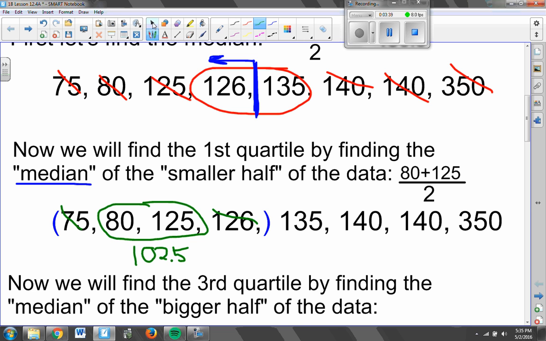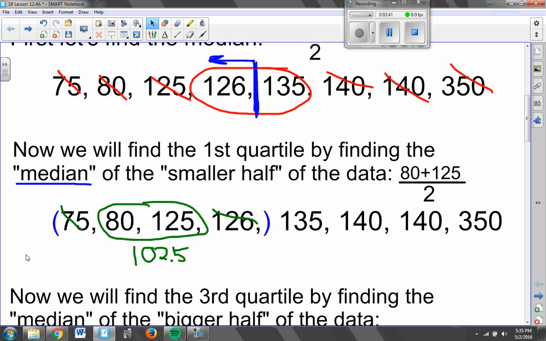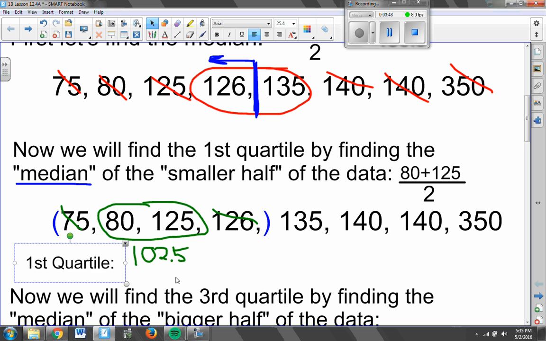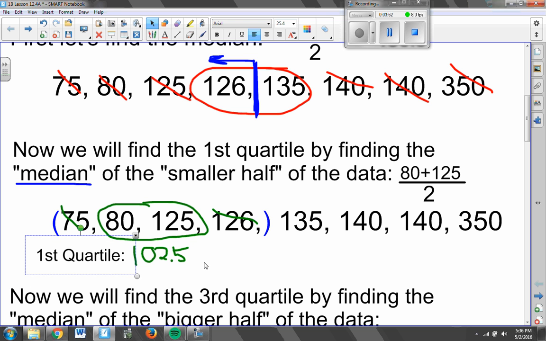So this is my first quartile. First quartile number is 102.5, which I found by just finding the median of that smaller half of my data set.